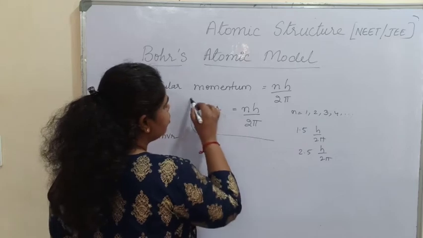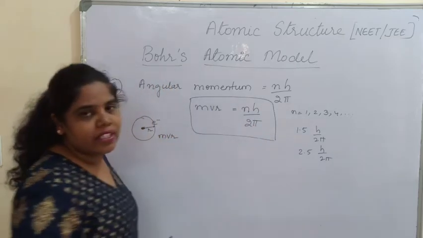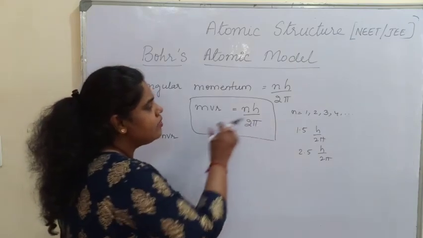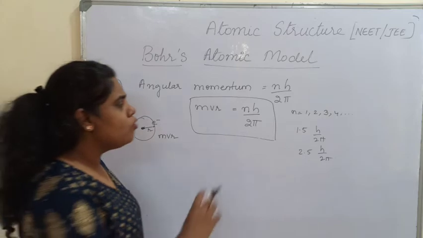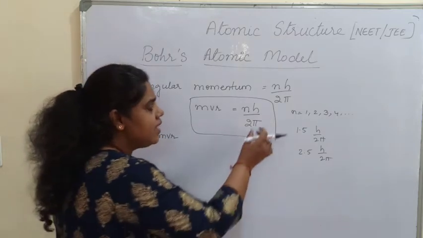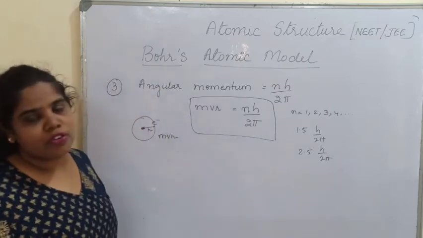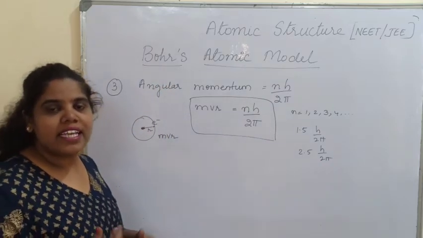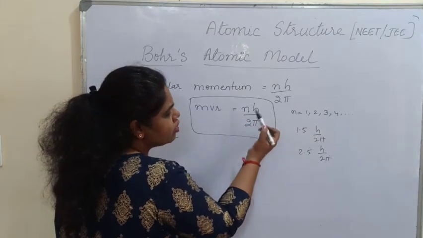Now if you are getting the doubt of how we got h by 2 pi, h by 2 pi was given by Bohr. After doing certain experiments, he found this relation. He could not explain why exactly he has taken h by 2 pi. This is one of the disadvantages of Bohr's model. By various experiments he could relate this equation, but he couldn't explain why.